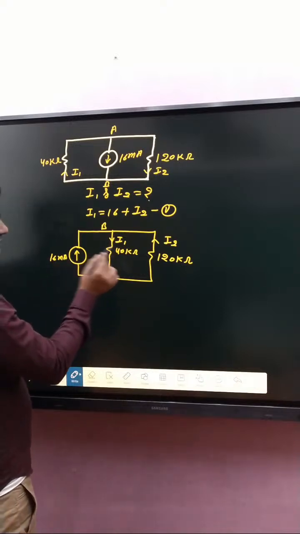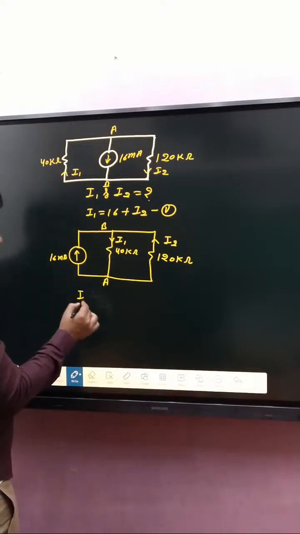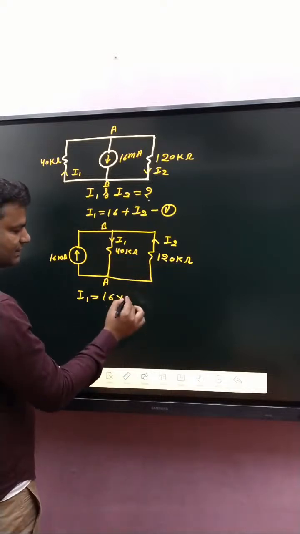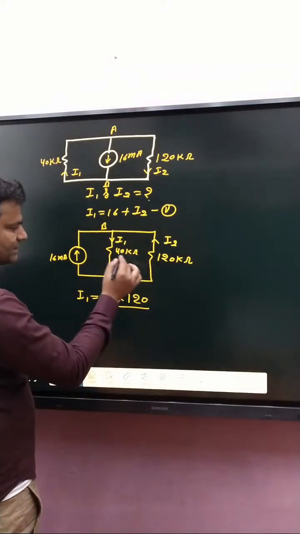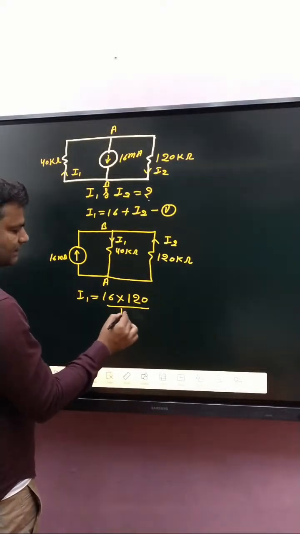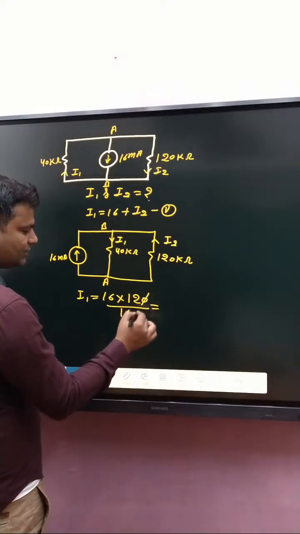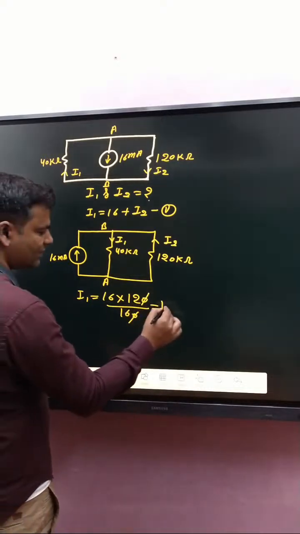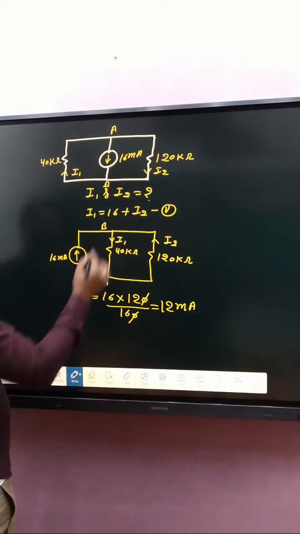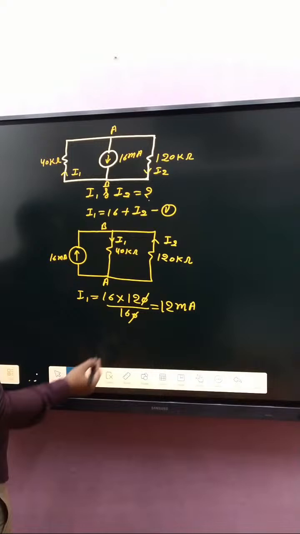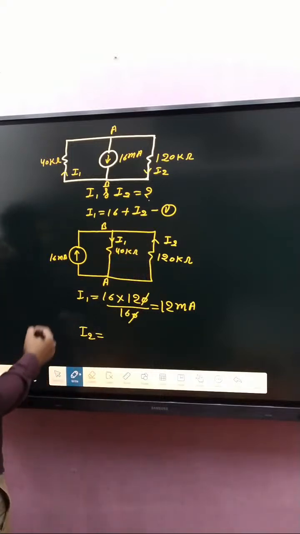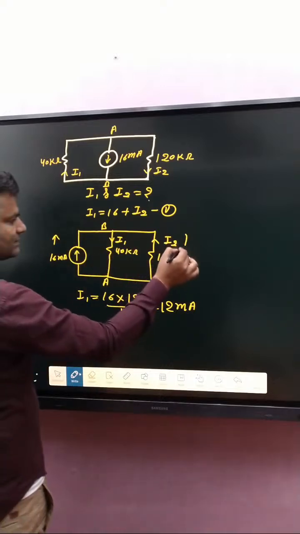I1 is written as 16 times the opposite resistance, that is 120, divided by the sum of the two, 120 plus 40, that is 160. Zero cancels zero, so 16 times 120 over 160 gives 12 milliampere. After that, put that value here and we get I2. Otherwise, apply the current division rule also, since that current direction and that current direction are the same.